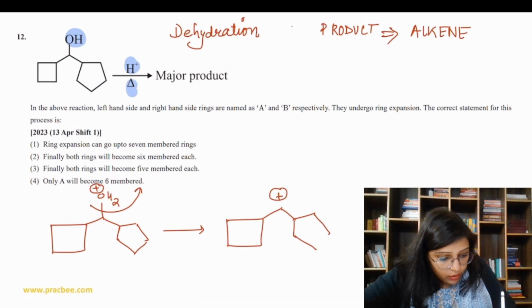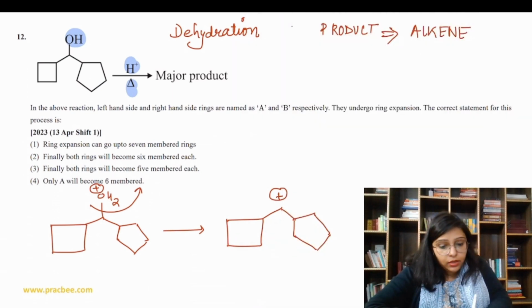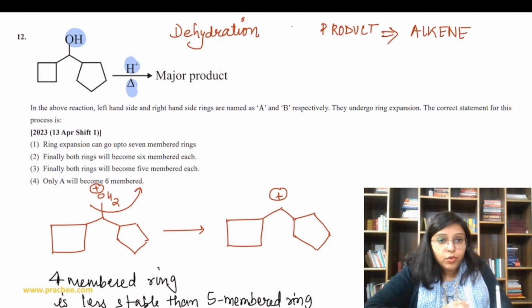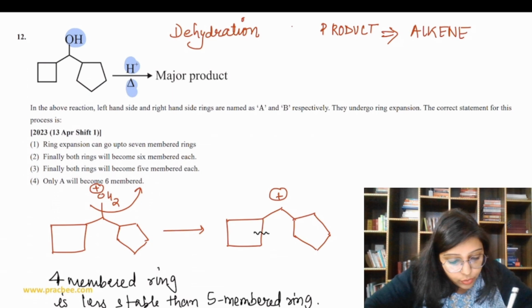Okay, now 4-membered ring is less stable than 5-membered ring, right? 4-membered ring is less stable than 5-membered ring. So first 4-membered ring is converted to 5-membered ring. So we are going to break this bond.